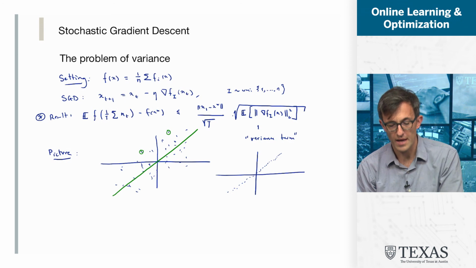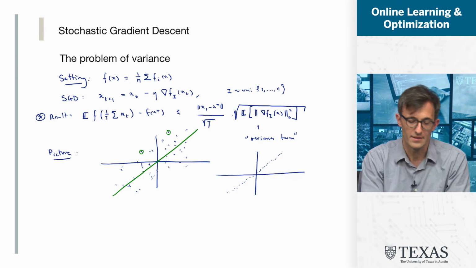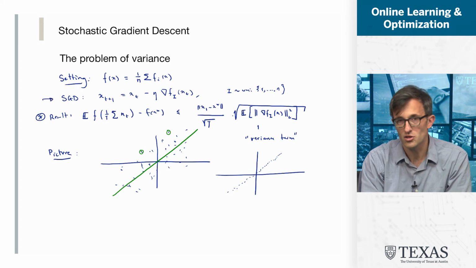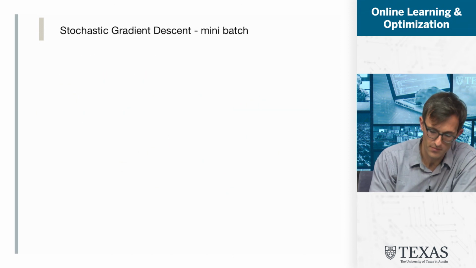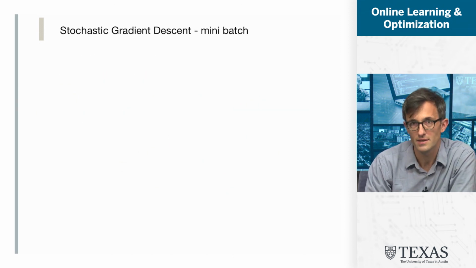So stochastic gradient descent, where we only choose one point at random, as I've written here, that's just one possible version. There's many other ways that we can do this. One very natural idea is to use mini-batch.